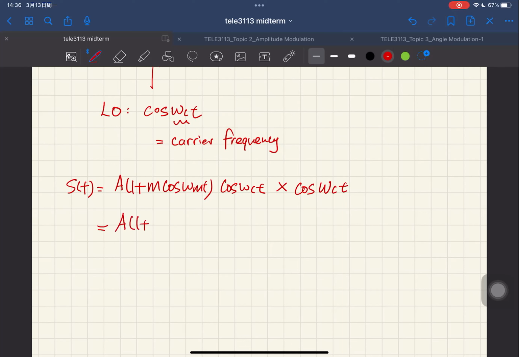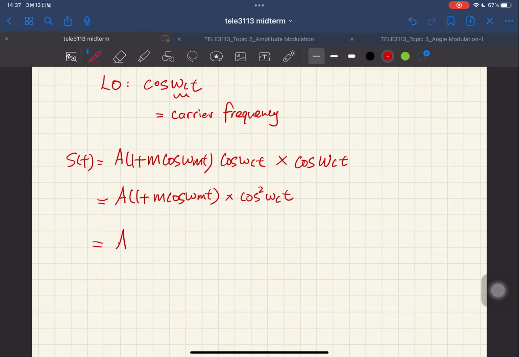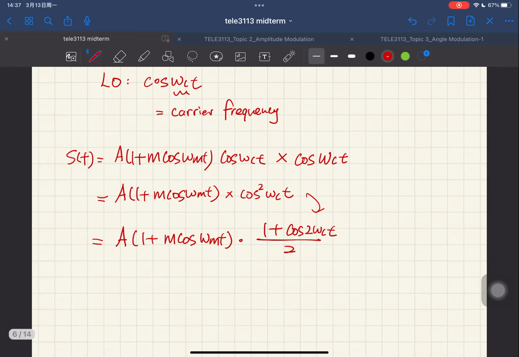So it's going to look like cos omega_m t times cos squared omega_c t. This is essentially a trigonometric identity, so when you square it, you can rewrite it as (1 plus cos 2 omega_c t) over 2.